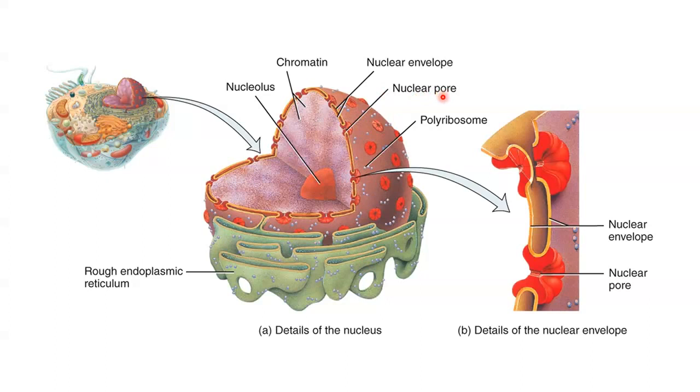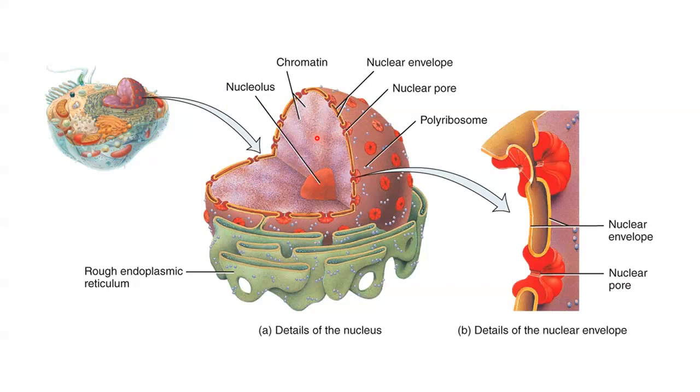That's what allows the transport of substances from within the nucleus out into the cytosol or the cytoplasm. Within the nucleus are one or more nucleoli, or nucleolus as the singular. The nucleolus produces the ribosomes, which then exit the nucleus through those nuclear pores.